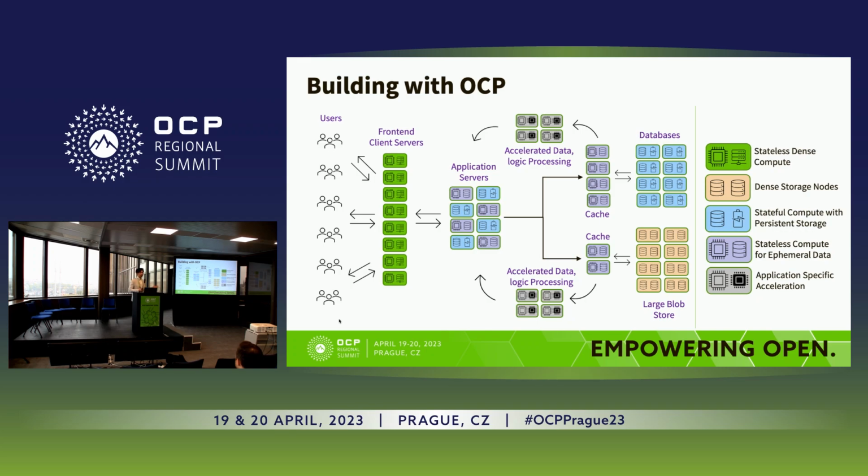And you might even want to persist some data here so that you don't have to always go back to the backend, to your databases and your large objects, to retrieve that data over time. So this is how, with OCP and the systems that we're introducing today, we can build these blocks to satisfy the needs of different applications.